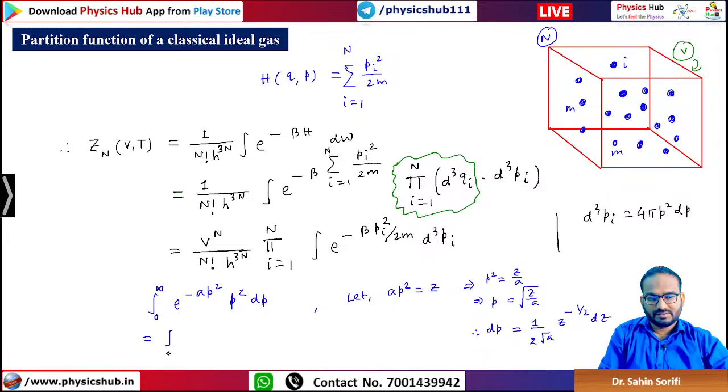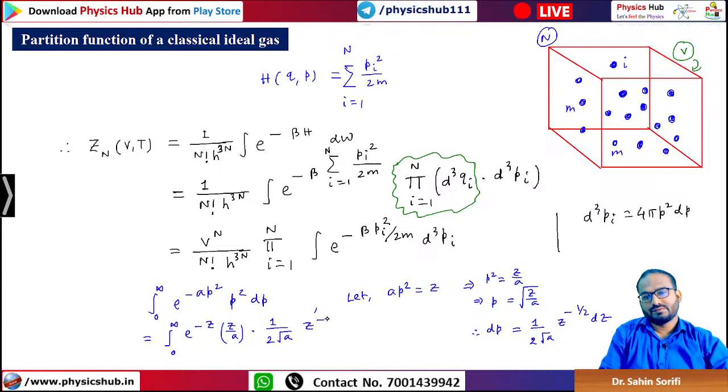You can just put the values here, 0 to infinity, e to the power minus a p square is equal to e to the power minus z, into p square meaning z upon a, and dp is equal to this. Let's just put this value, 1 upon 2 root a, z to the power minus half dz.